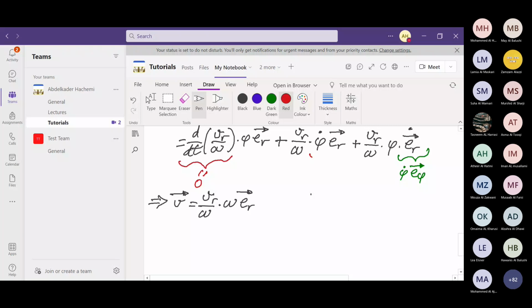Then in this case, that's replaced by omega, and we have the second term, plus here VR over omega, we have phi and multiplied by phi dot E phi.